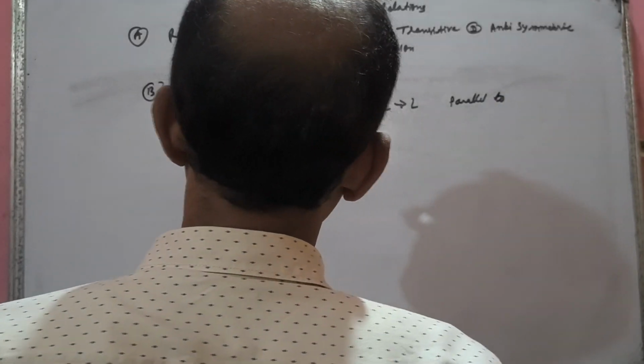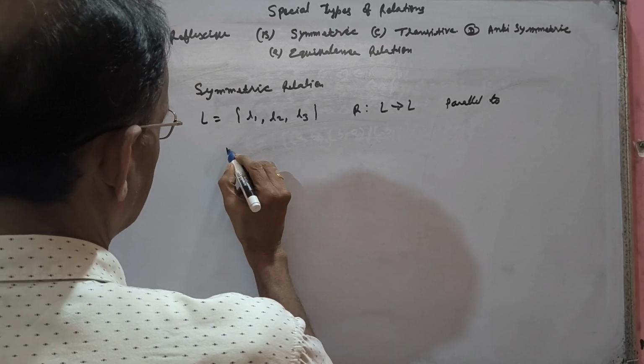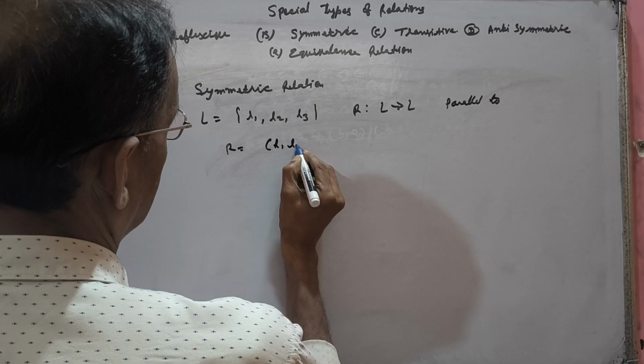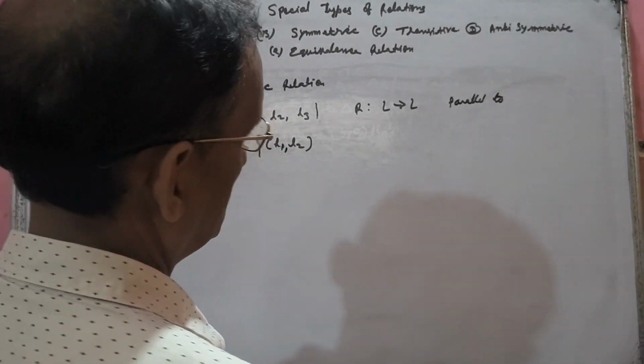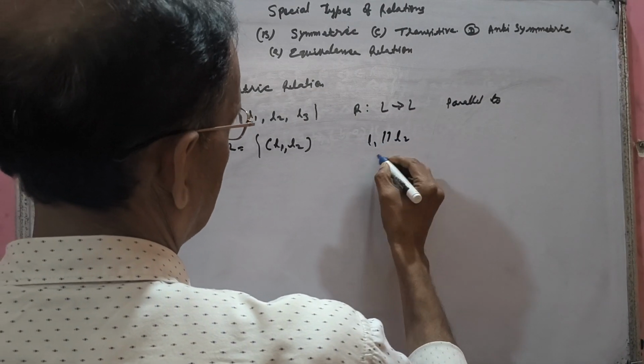What does parallel mean? Now see, if R has (L1, L2), the condition is that L1 must be parallel to L2.